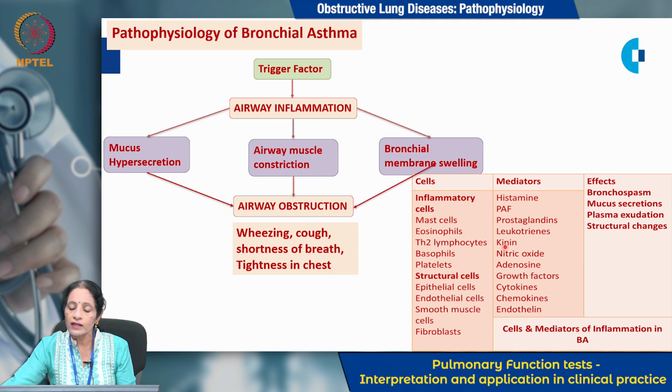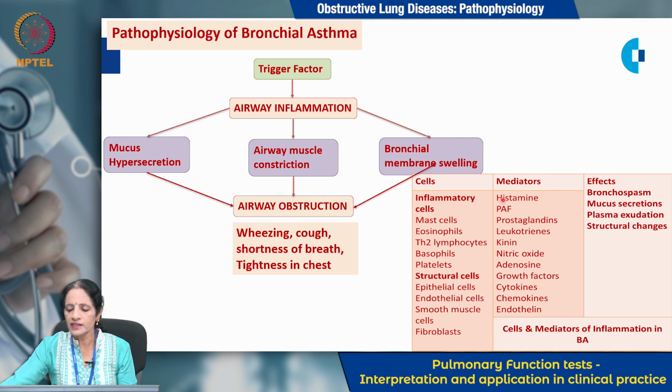So, to reiterate, chemical mediators and inflammatory cells are very important in the production of this airway obstruction, that is wheezing, cough, shortness of breath and tightness in chest. We have enumerated these cells and mediators along with their effects. These are the important cells, mainly the eosinophil, mast cell, Th2 lymphocyte, basophil, platelet, along with the epithelial cells, endothelial cells, smooth muscle cells and fibroblasts.